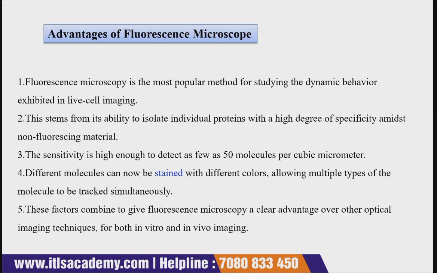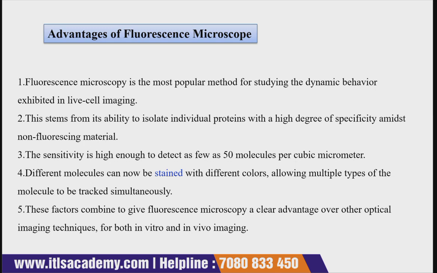It is also very important where you want to isolate an individual protein, and those proteins that have a very high degree of specificity amidst non-fluorescing material. This type of microscopy can also detect 50 molecules per cubic micrometer.